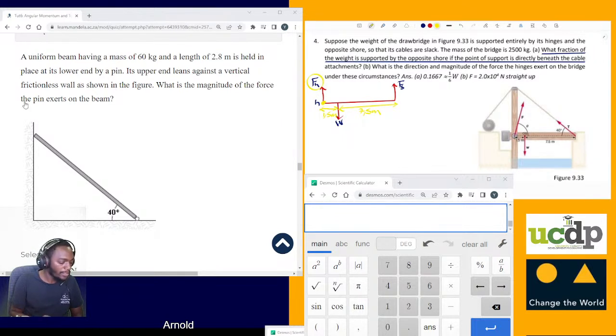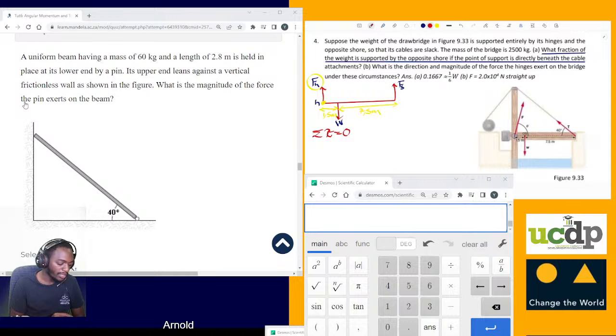So like I said, the resultant torque, or the sum, should add up to 0. Why? Because the system is said to be in equilibrium. And we're eliminating the force at the hinge because we're taking moments at that point. The distance will be 0, so therefore it is eliminated.